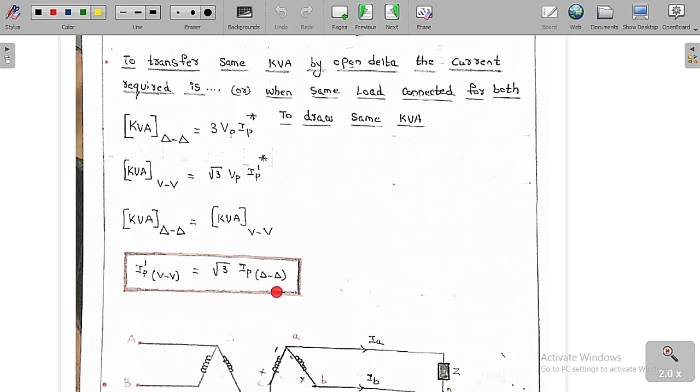Then only it can transfer the original amount of kVA, that is the delta-delta transformer, to the load. Suppose I connect a load of the kVA rating of the delta-delta; I calculate for both delta-delta and the open delta. Then this much current is required by the open delta to satisfy that load kVA.